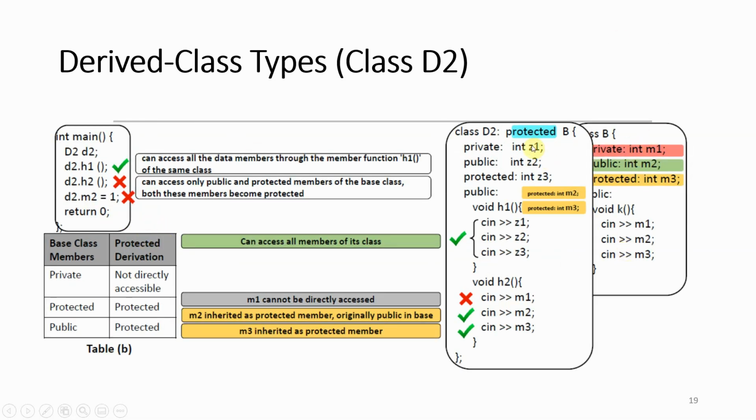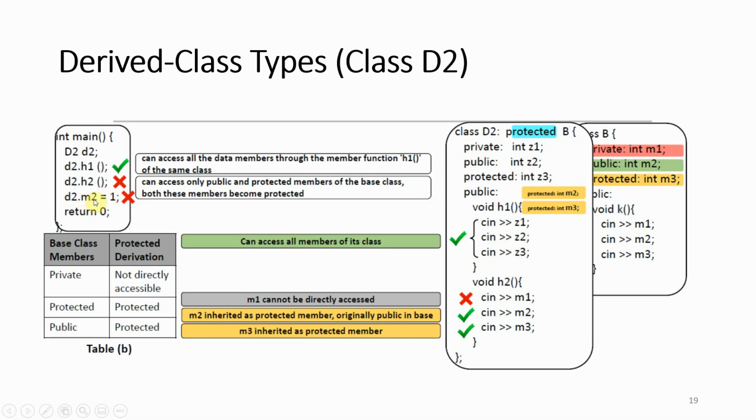Same thing, but this time the inheritance access mode is protected. So let's look at it. Again, this is going to give us an error, right? Because this is private, we can't have access to it. D2.H1, that's fine, right? The member function would have access to private, public, protected members. D2.H2 is not okay because of this line.